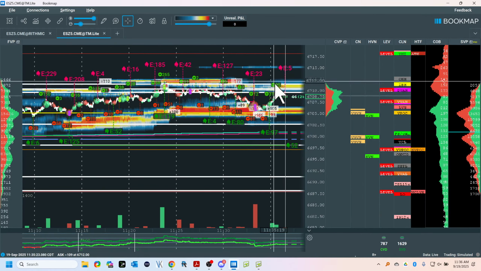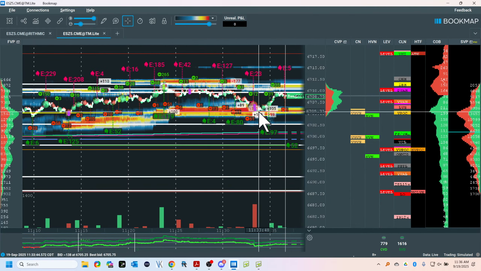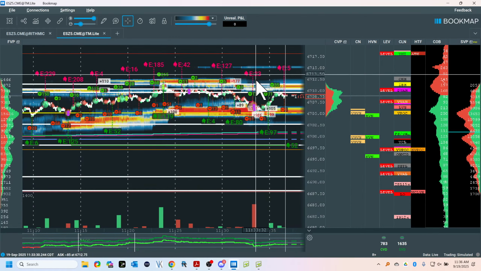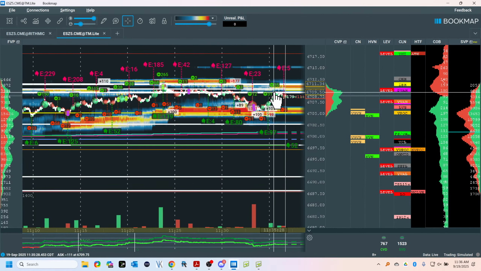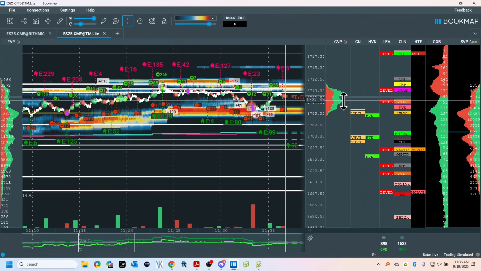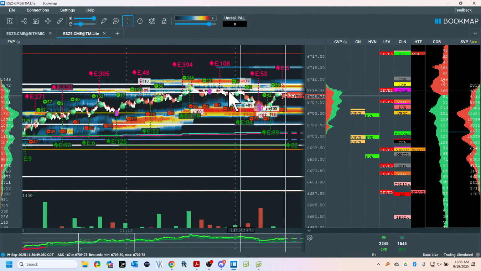Pulling. The buyers are here. The sweep is there. Remember, the sweep was here, counter rotation. The sweep is here, counter rotation. Where's my micro high volume? Right there. Where'd it come from? There. That's my resistance. Let's just watch what it does.